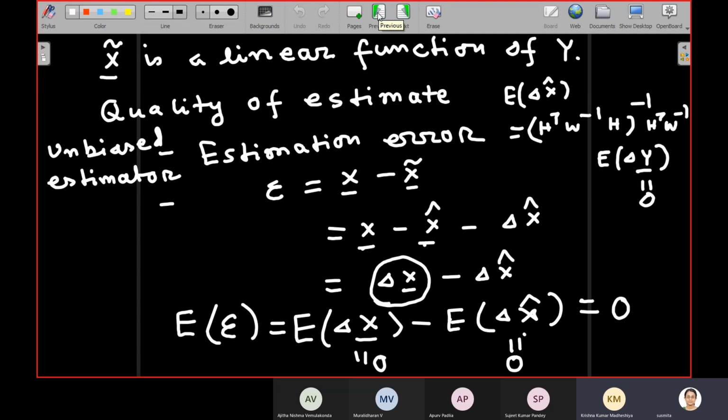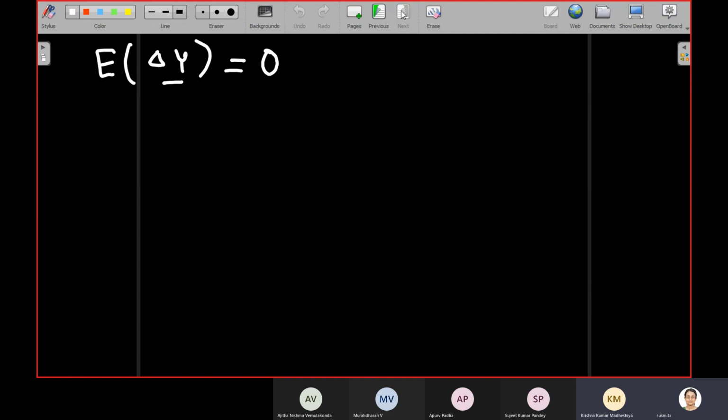The second metric that we can use to find the quality of estimate is the estimation error variance if it is a single scalar quantity, or the estimation error covariance.